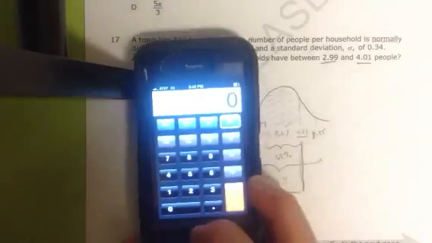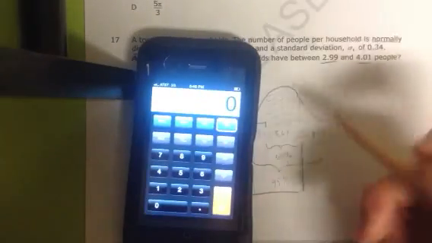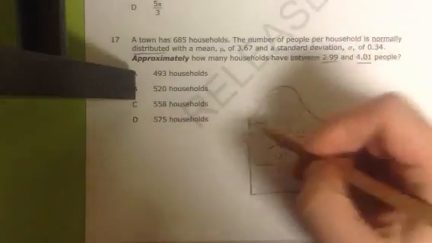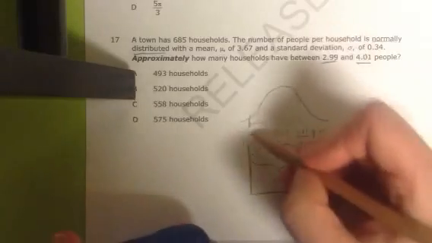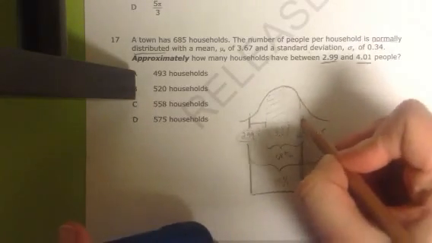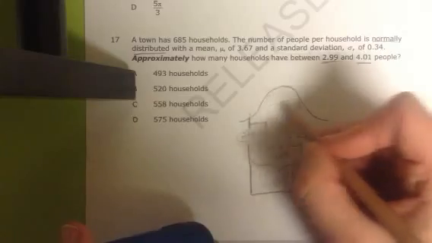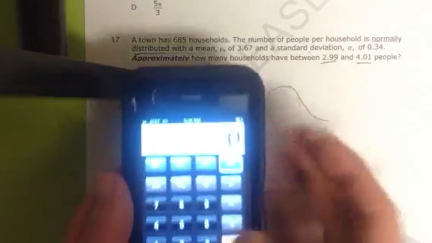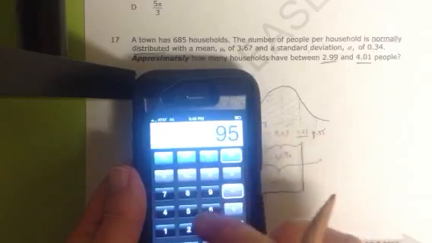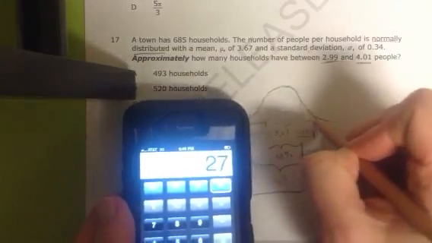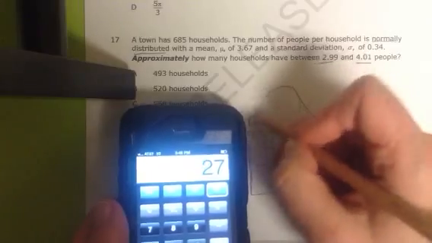Well, here's one way I'm going to think about it. I know that the two white spaces together are 95% minus 68%, because from here to here is 95 and from here to here is 68. So this space plus this space is 95 minus 68, which is 27, but I only want half of that percent.